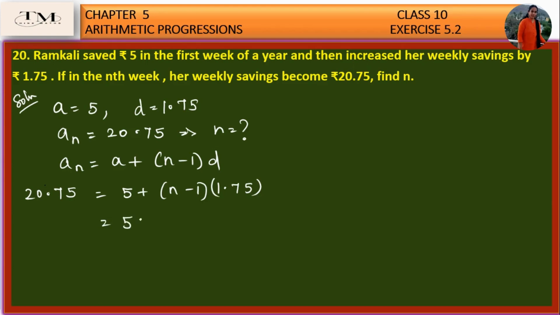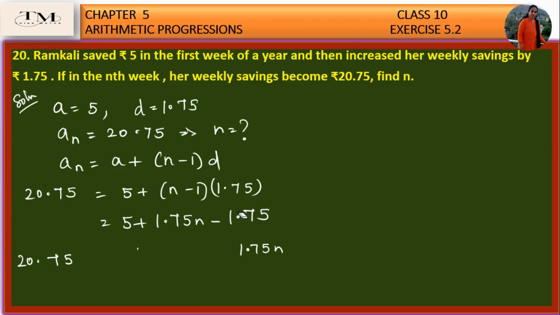So 5 plus 1.75n minus 1.75. Keeping 1.75n here, I am taking everything else to the other side.